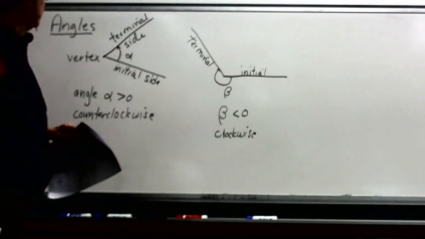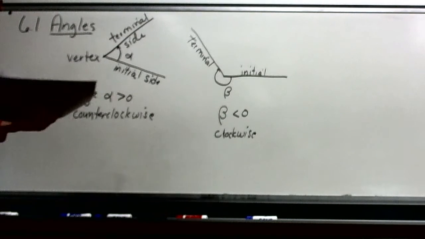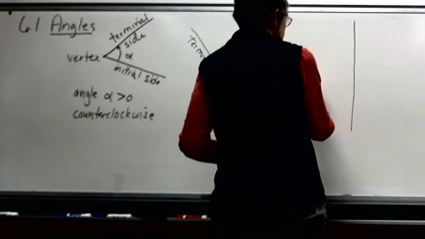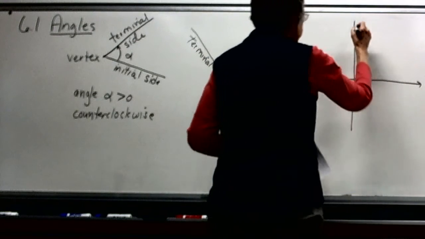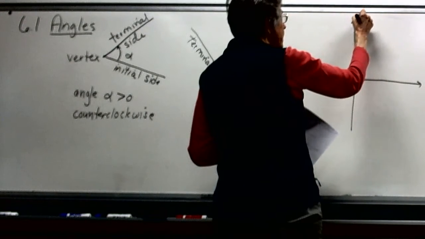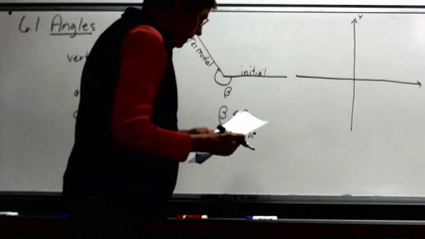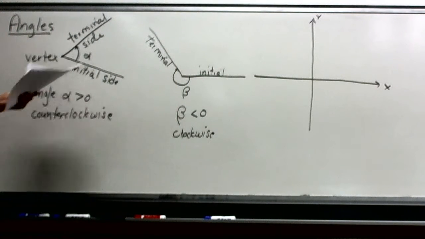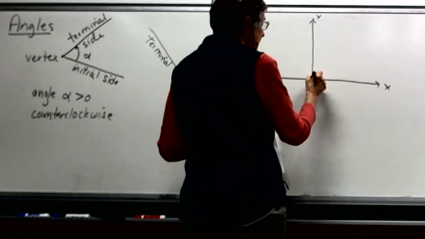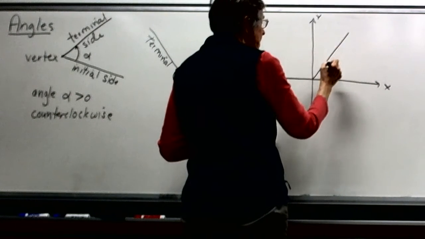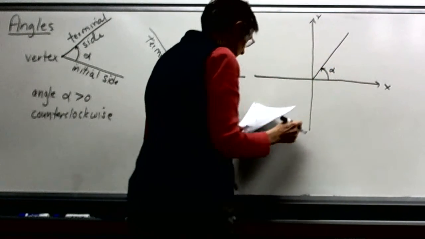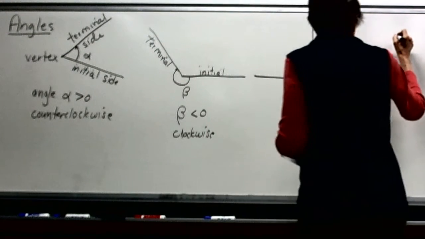Let's put these angles in standard position using our axes. So here's the x-axis and the y-axis on our graph, and it appears that alpha is an acute angle. So in standard position, the terminal side would be in quadrant 1. So alpha is in standard position.